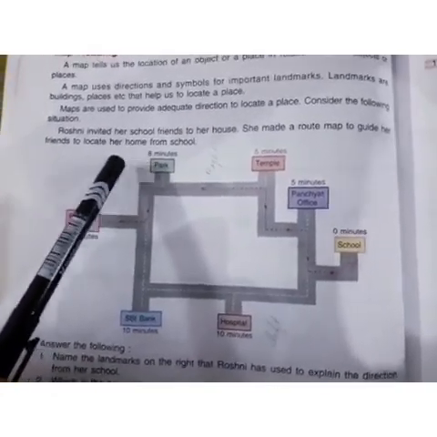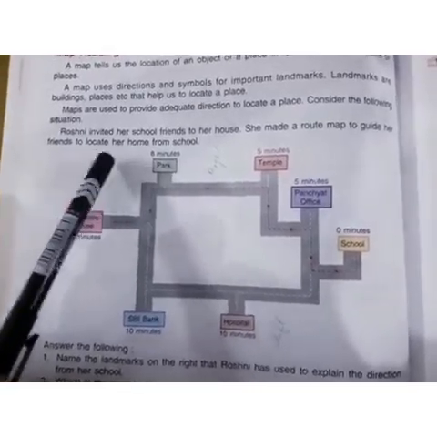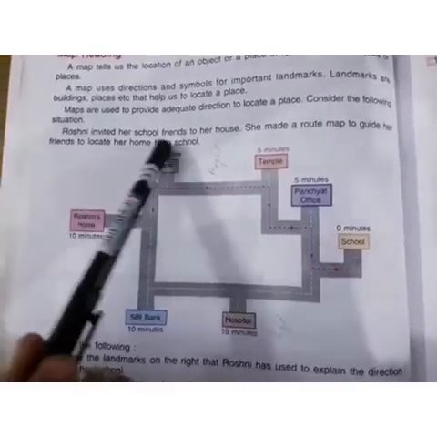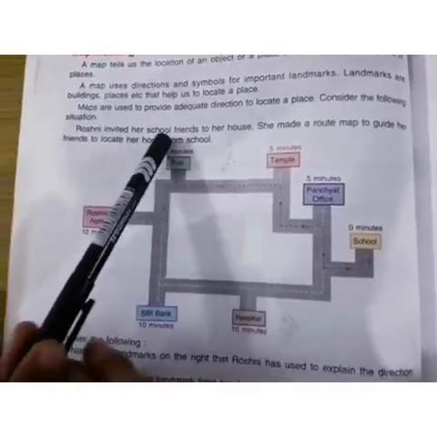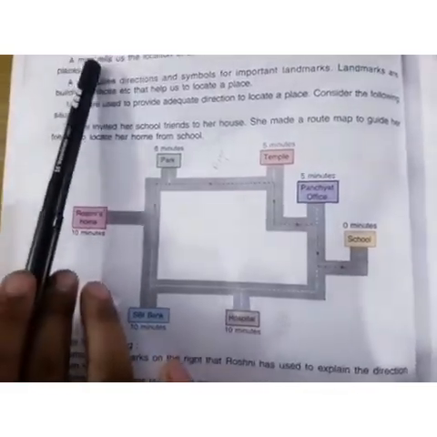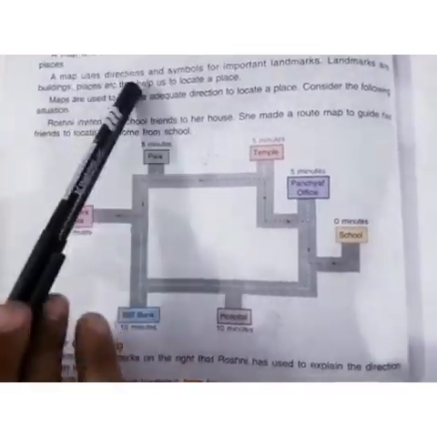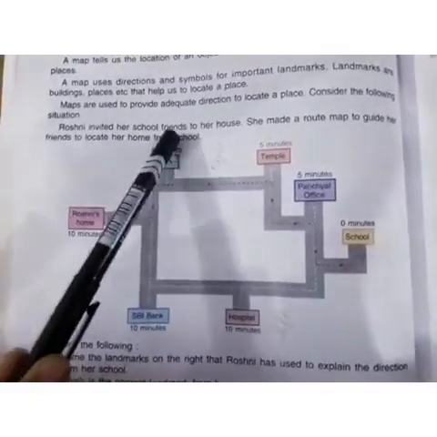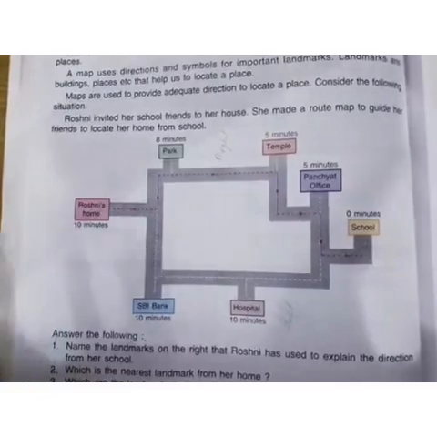And they will say to a rickshaw or some other vehicle that we have to reach in front of St. Mary's School. This is the best example. This is also included with map reading. We are showing some important buildings, some hospitals, to reach a place.